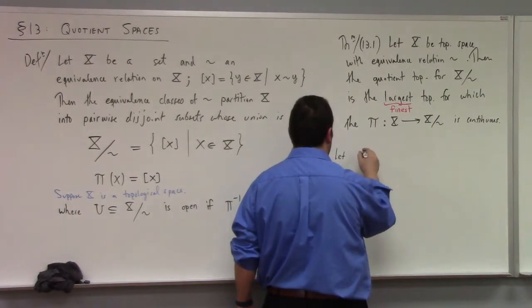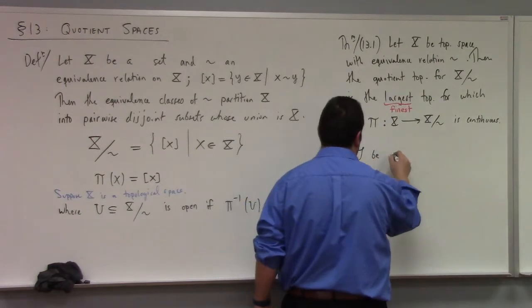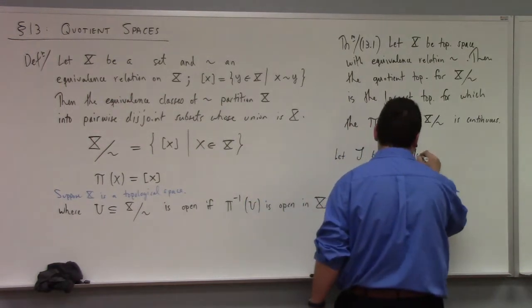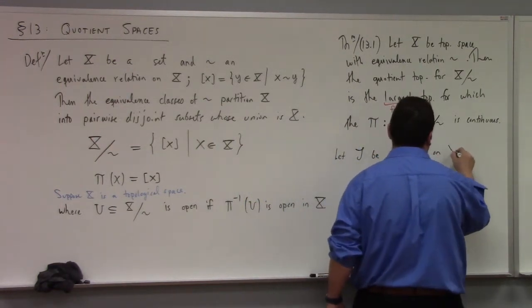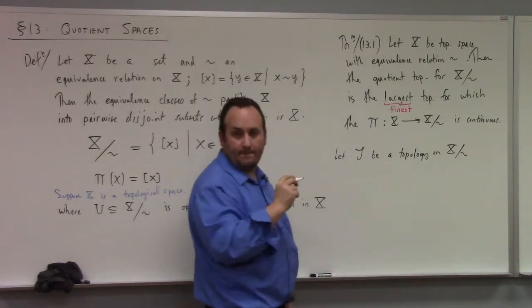Let tau be a topology on X quotient tilde, such that what?